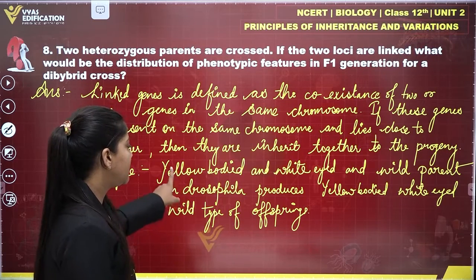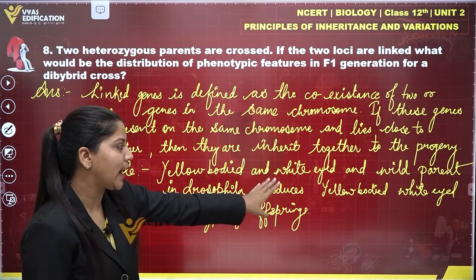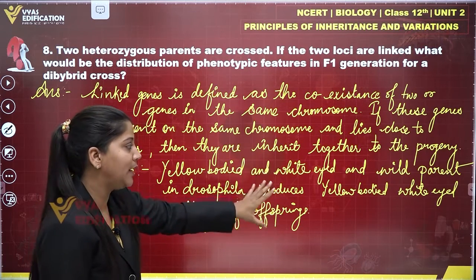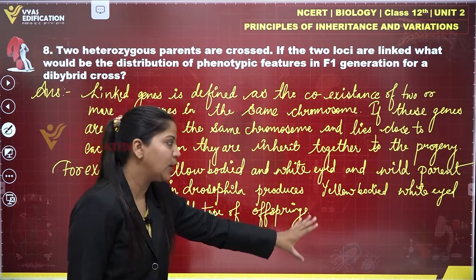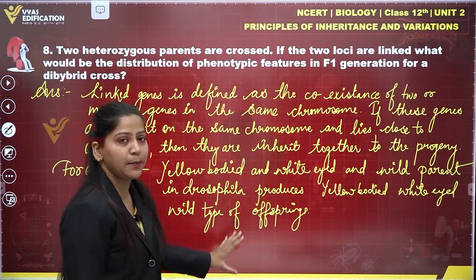Now what happens, this yellow-bodied and white-eyed and wild-type parent in Drosophila produces yellow-bodied and white-eyed wild-type offsprings.